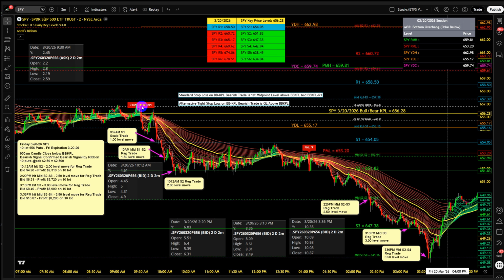Okay, so as you can see here, we have this 9:30 a.m. BBKPL bearish alert here. This is a special 9:30 a.m. opening candle alert only. This indicator has a comprehensive alerts system, which has close above, cross and close above, and cross and close below alerts for all the main key levels as well as all 5 contextual levels.